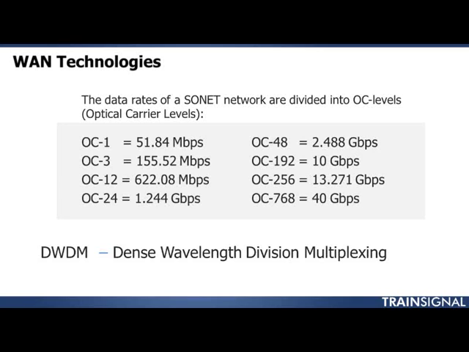And dense WDM is what has been used, in some cases, to replace things like SONET and SDH. So it's giving us the ability to take it a step further. But here's the bottom line: all of these technologies you see, SONET, SDH, DWDM, are very fast, fiber-based technologies designed to take large amounts of data long distances.